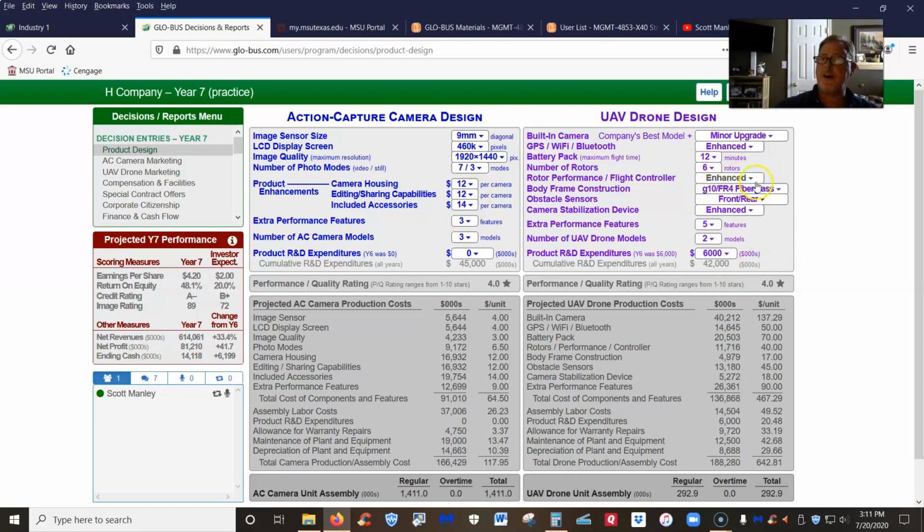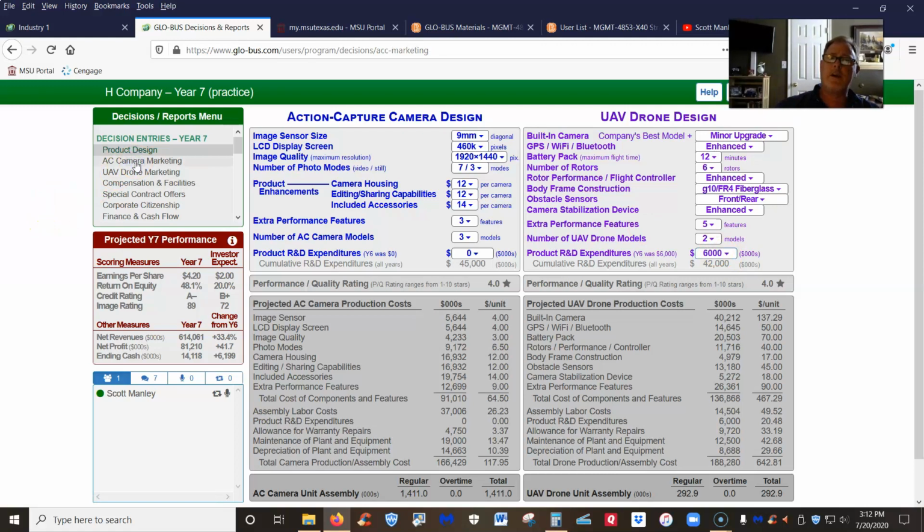Over on the drone side, I decreased some inputs, increased some other inputs, kept my 4.0 PQ rating, okay? Notice I also trimmed R&D expenditures. I completely eliminated them in the camera facility and spent $6 million over here for next year in the drone facility.